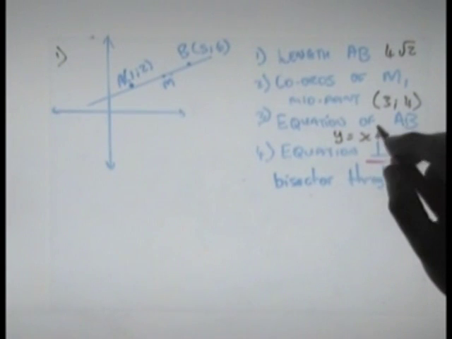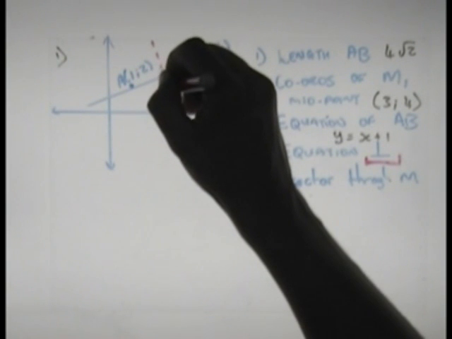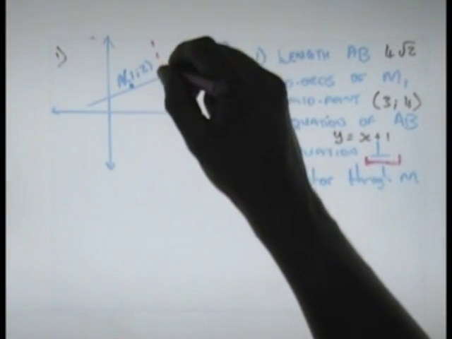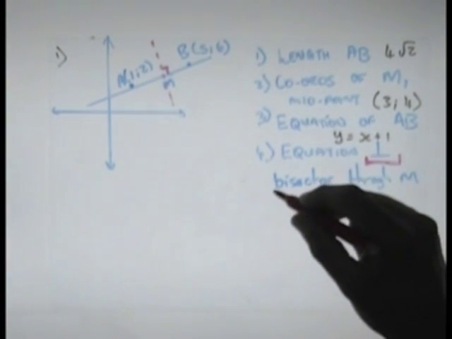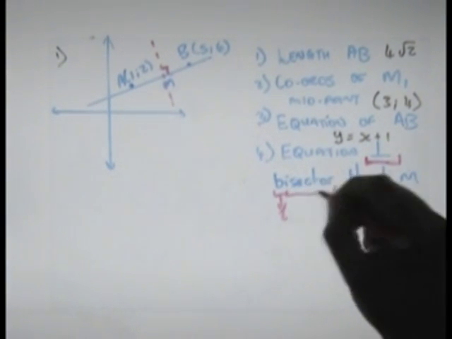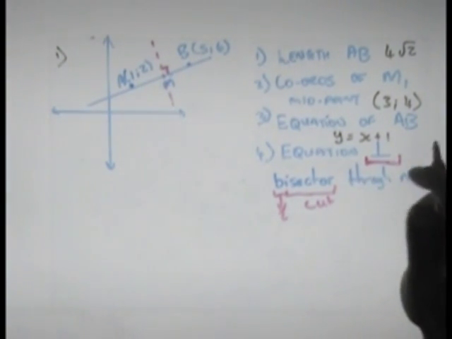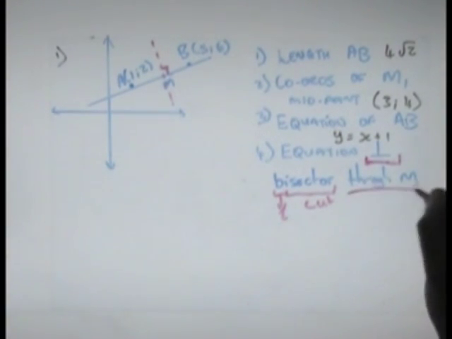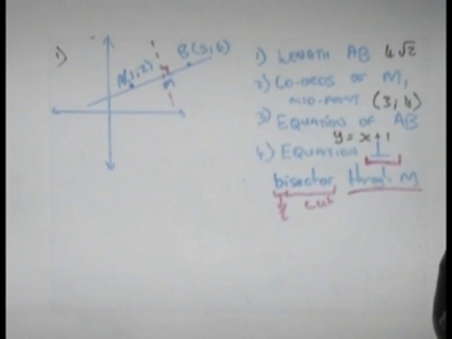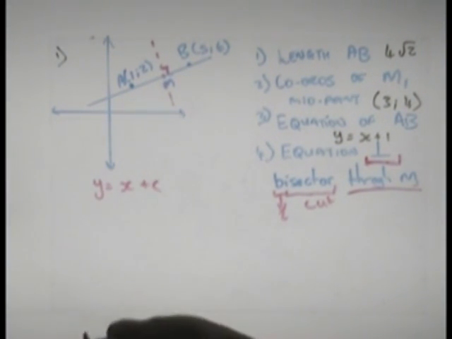Equation of the perpendicular. Perpendicular tells you that the gradient of that line is going to be the negative opposite of AB. Bisector. The word bisector, bi means two, sector cut. Cuts it in two or cuts it in half. If it cuts it in half, it always has to run through M. So we know that the equation of AB is y is equal to x plus c.